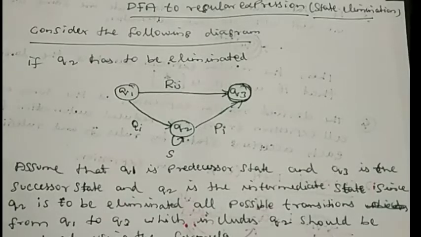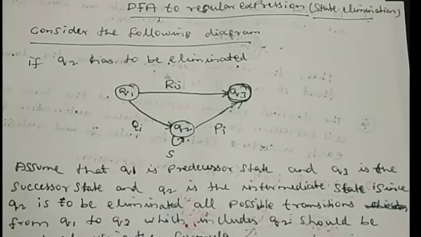If you have an edge from the predecessor state to the intermediate state, that is from Q1 to Q2, we call it Qi. If you have any self loop on the intermediate state, we call it S. And if we have a transition from the intermediate state to the successor state, that is from Q2 to Q3, we call it Pi.